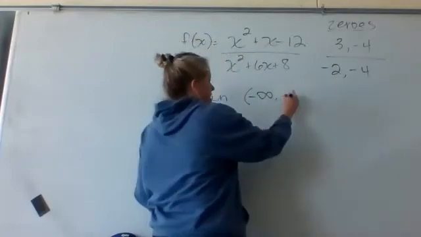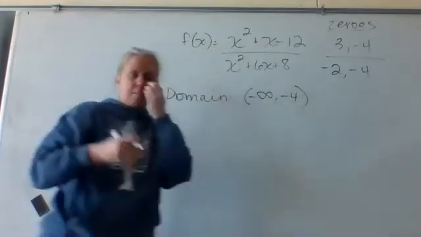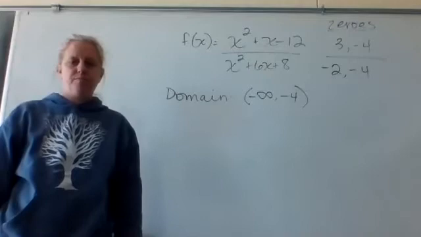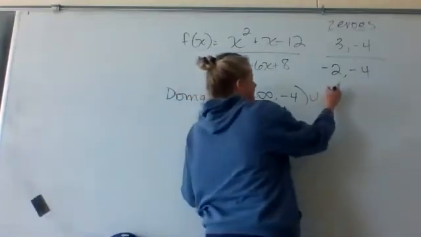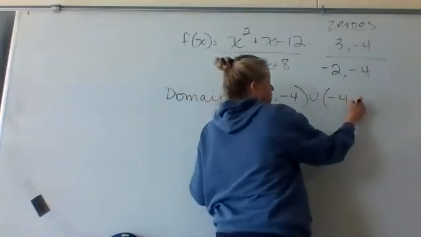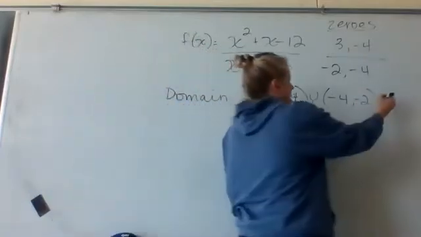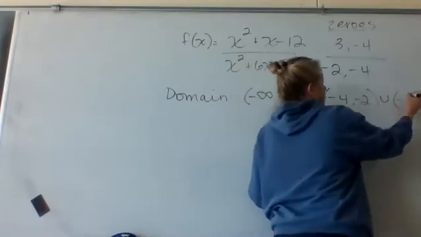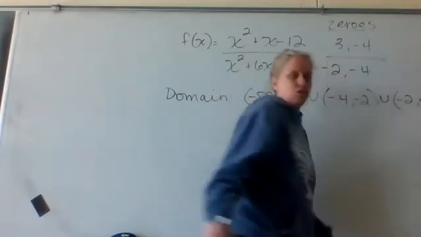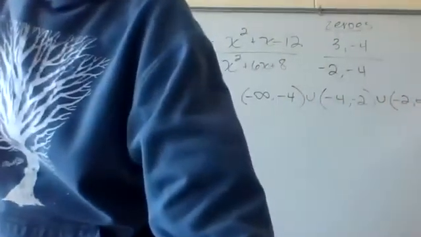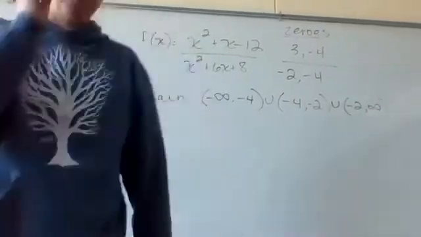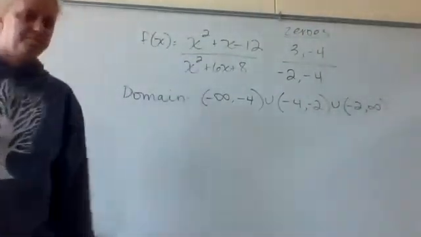So that's what needs to be in my first parenthesis. You'll come up all the numbers below -4 and the numbers between -4 and -2 and all the numbers above -2. So -2 to infinity. So there's your domain.